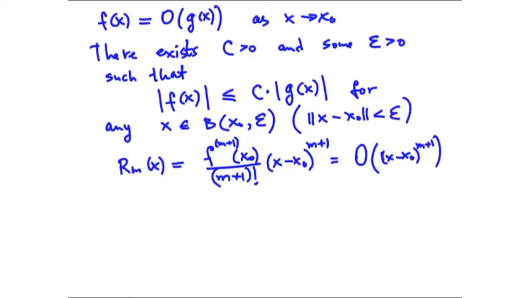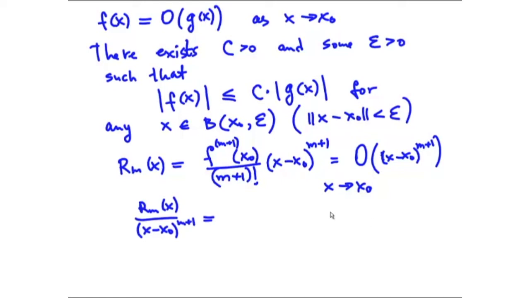Alright, and of course, in this case, we are talking about this big O relation when x tends to x0, obviously. So in particular, in this case, if I look at Rm of x divided by x minus x0 to the power m plus 1, then what do I get?